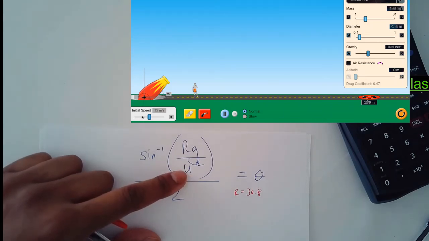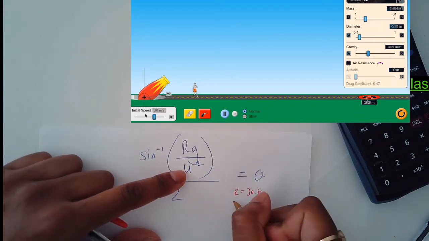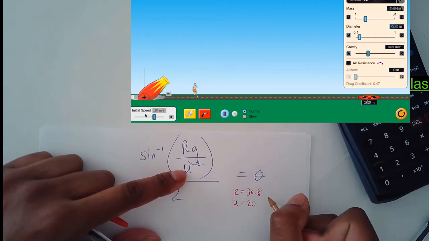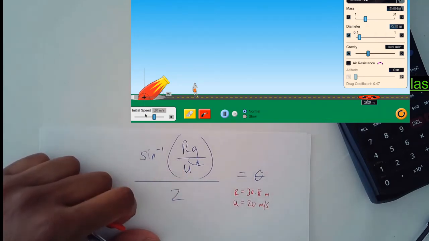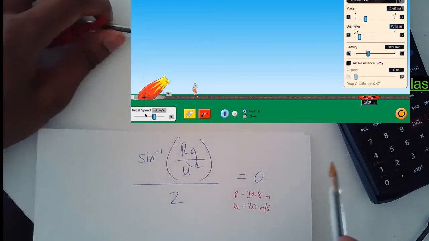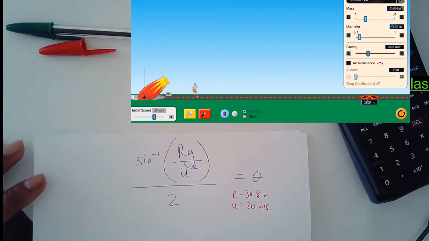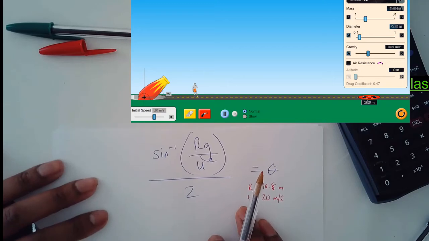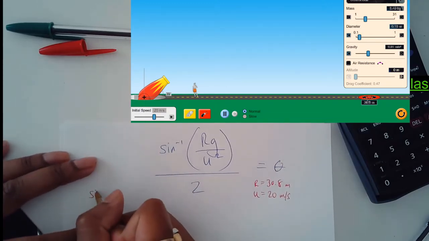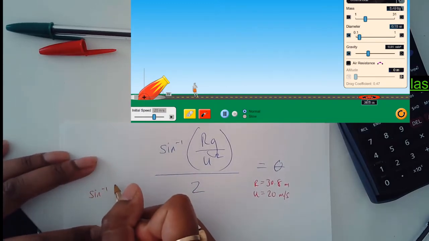Let's change the speed, the initial velocity. I'll make that 20. U is equal to 20, and that's meters per second. I'm going to work out the angle now. So this is what I will type in the calculator.